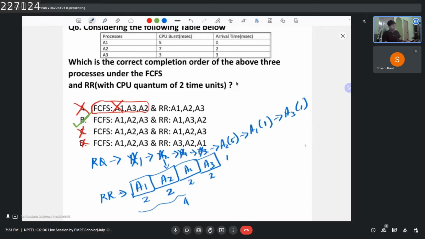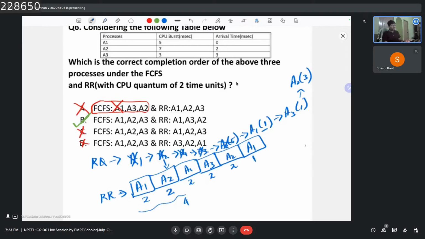And now A2 gets scheduled onto the CPU, and for time quantum 2 units it executes on the CPU, and since it is still remaining, it gets added again at the end of the ready queue for the remaining 3 units. Now A1 finishes execution in this time quantum itself, because only 1 unit is remaining.